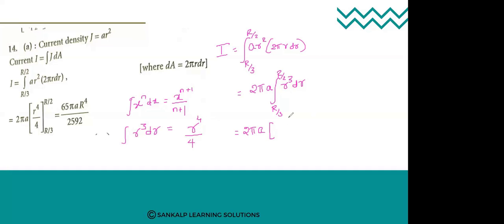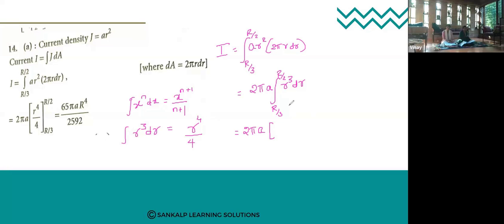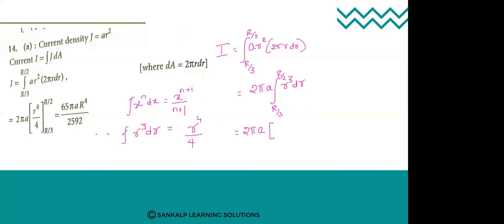So integration is clear. After integration, the integration sign and dr will go. After applying the integration formula, we only write what comes out. So here we have r to the power 4 upon 4.